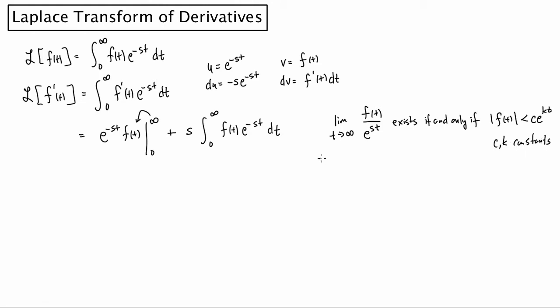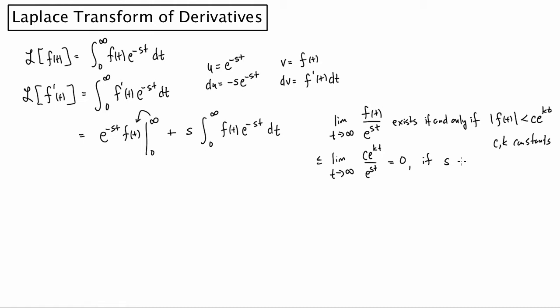Then if that's true, notice that I can replace this limit with this one. I'm going to replace f of t with c e to the kt over e to the st, and that limit is equal to 0 provided s is greater than k.